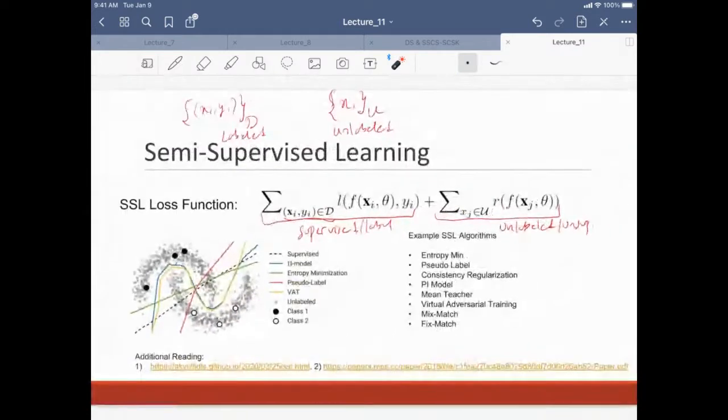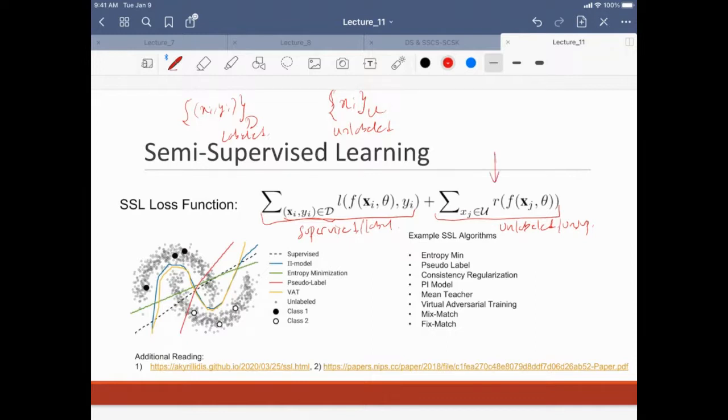So it turns out that there are some very simple approaches for semi-supervised learning. You can just do pseudo labeling.